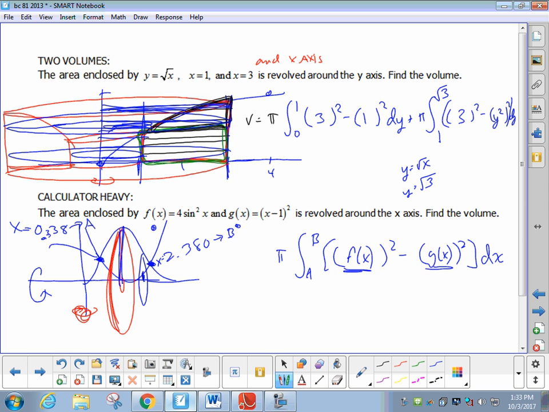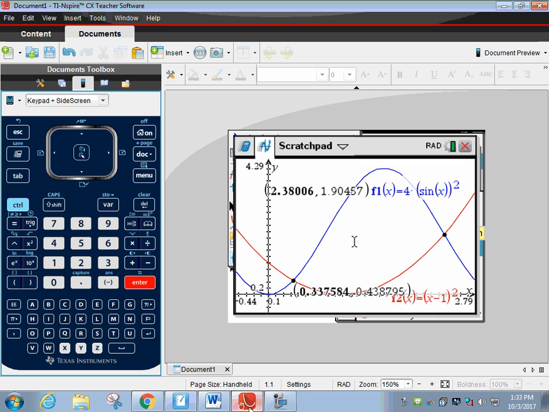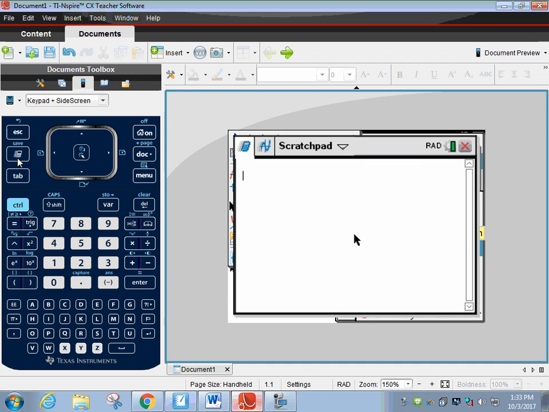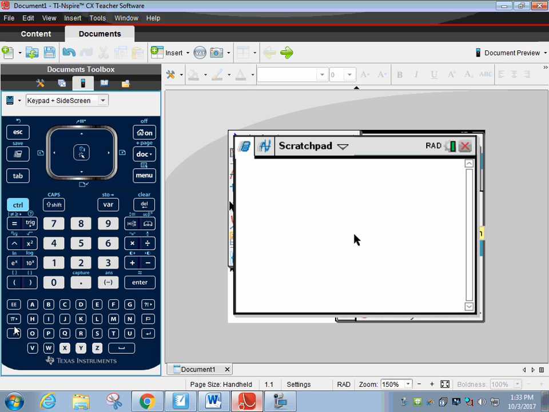You punch that into your calculator. In order to get the practice, I do want you to do that. I told you the most common error is forgetting the pi, so type it in first. Pi, shift, plus, A to B. All right, here we go.